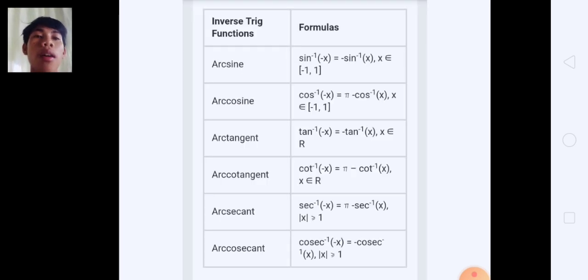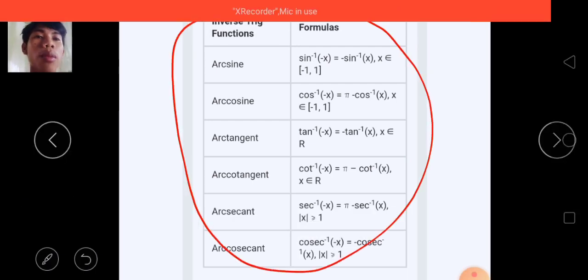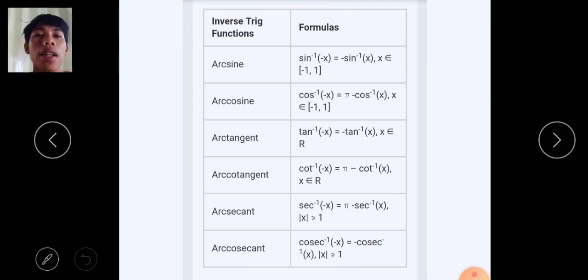So, here are the formulas of the inverse trigonometric functions. For arc sine, or the inverse of sine, arc sine of negative x is equal to negative arc sine of x, where x is in the interval of negative 1 to 1.